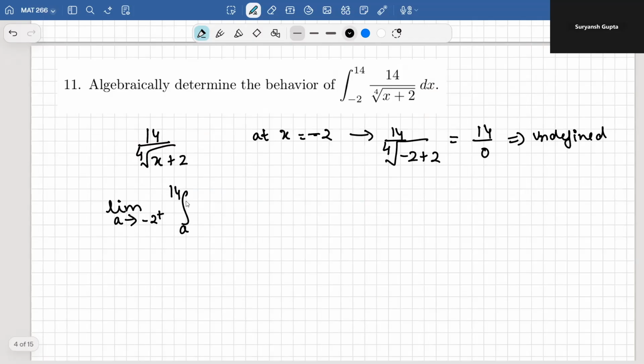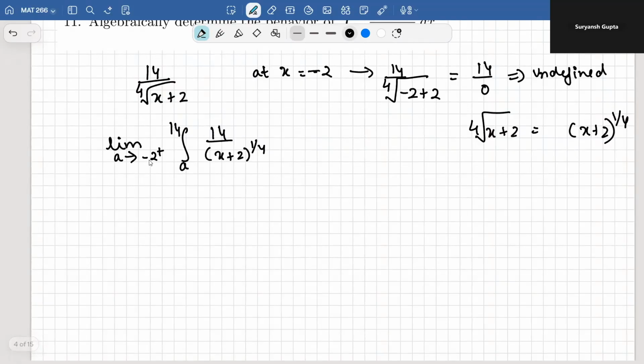So I just replace my negative 2 with a. And my function inside, I have 14 by the fourth root of x plus 2. This here, the fourth root of x plus 2, can essentially be written as x plus 2 to the power 1 by 4, and this is what I've done in this step.